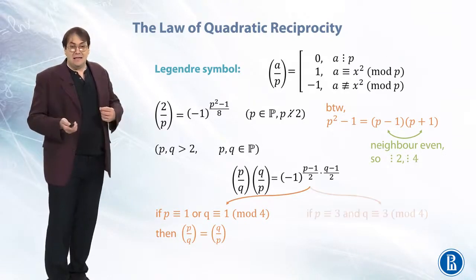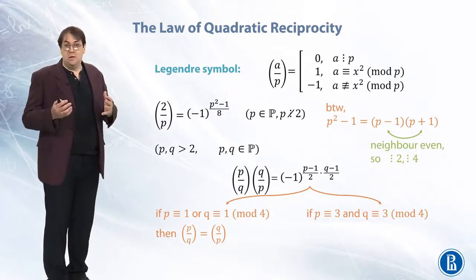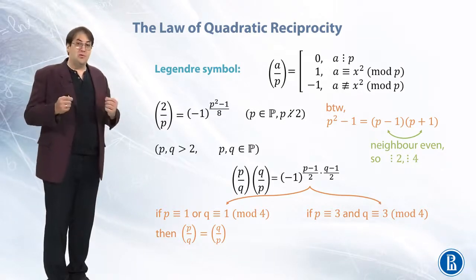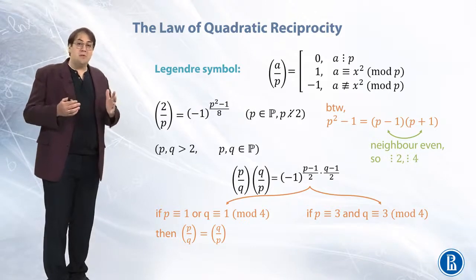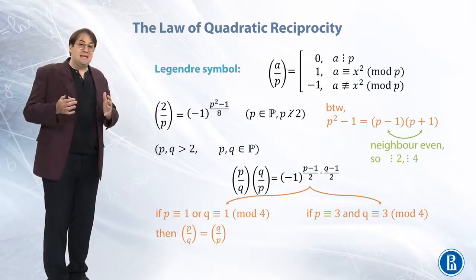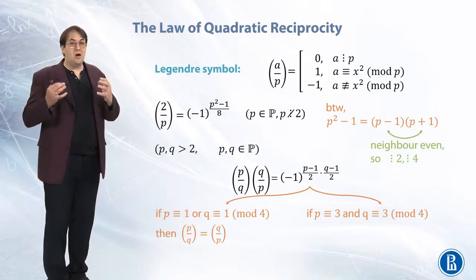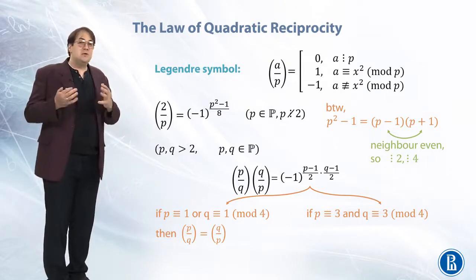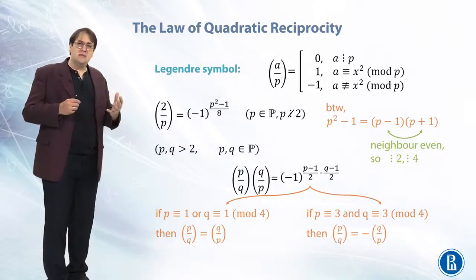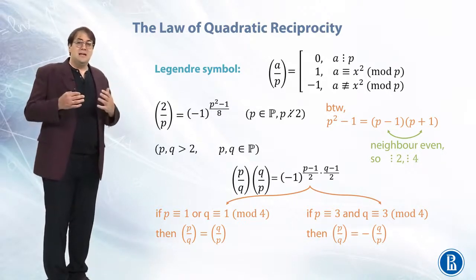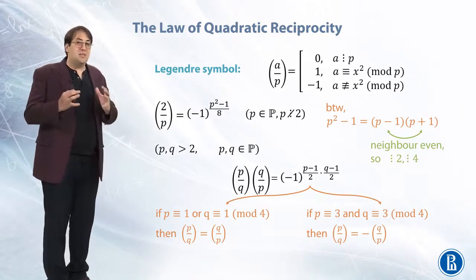And in the second case, if both p and q are congruent to 3 modulo 4, which means that they are both of the form 4k plus 3, well, in this case, minus 1 is raised to an odd integer power and is equal to minus 1. So from this it follows that the symbol of p modulo q is equal to minus the symbol of q modulo p, which means they're opposite.